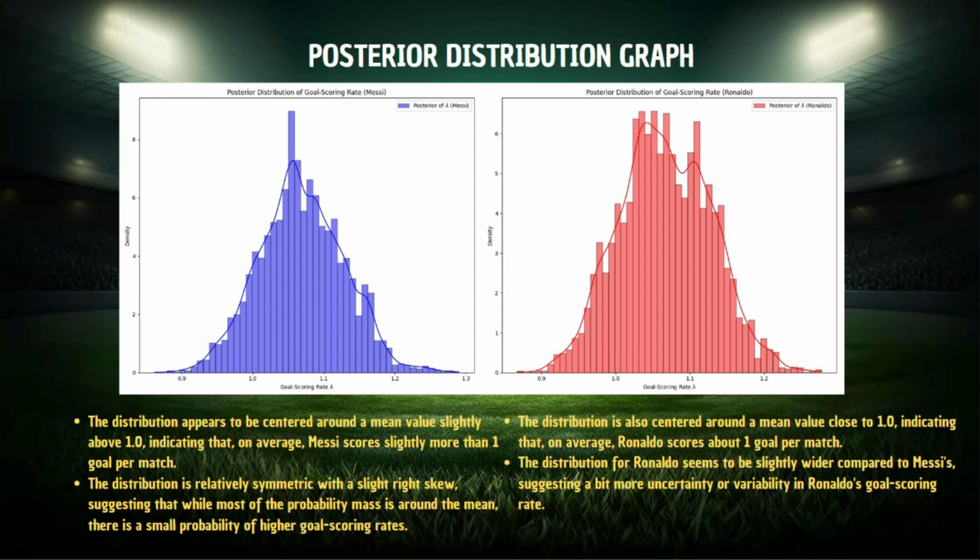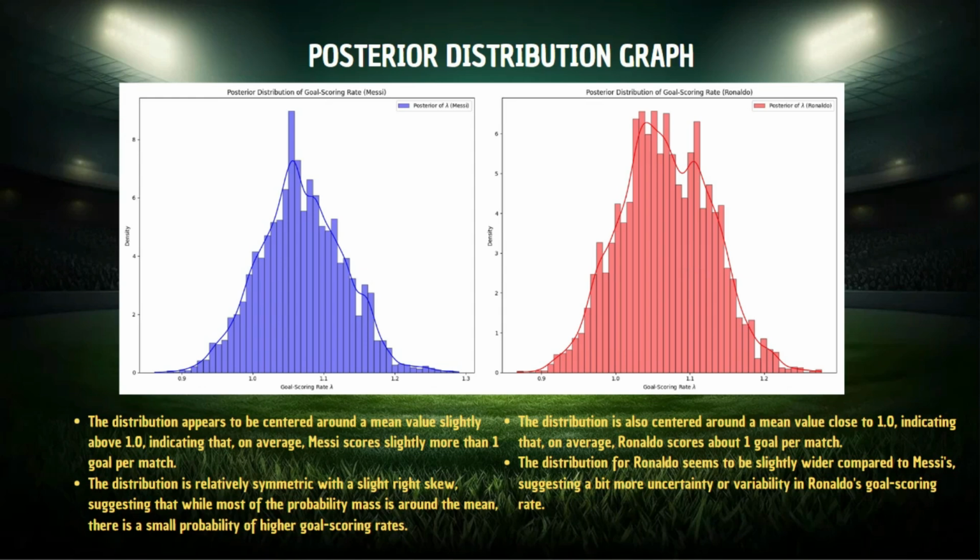And also for Ronaldo's distribution, we can see the goal scoring rate, lambda. The posterior distribution for Ronaldo's goal scoring rate is shown, and the distribution is also centered around a mean value close to 1.0, indicating on average Ronaldo scores about 1 goal per match.